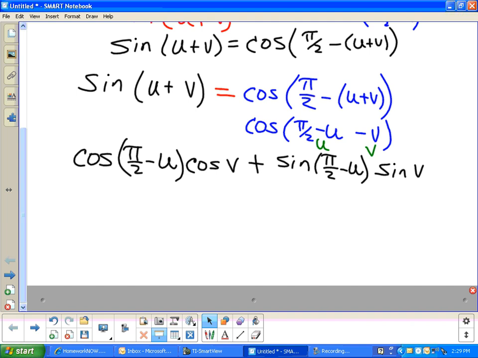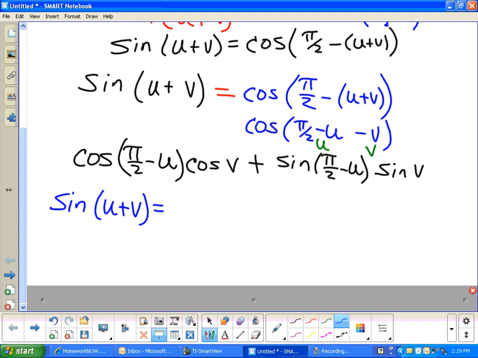All this says is that the sine of u plus v is equal to, now, the first term, cosine of pi over 2 minus u. I'm going to use the cofunction identity and change it back to sine. So this becomes sine u.